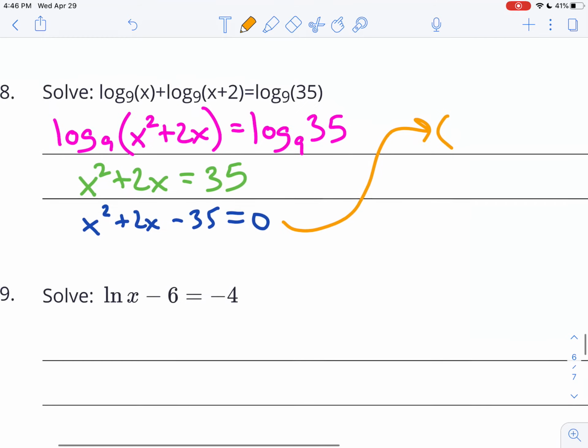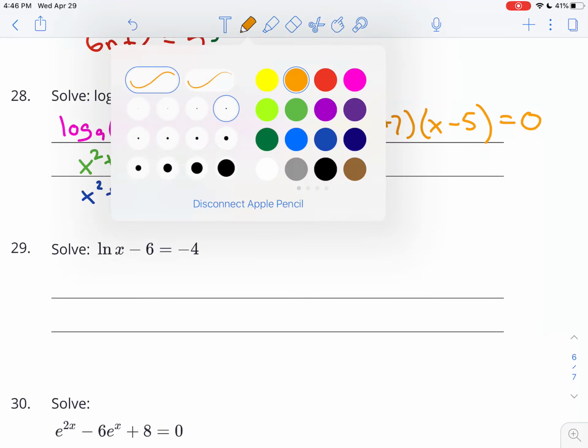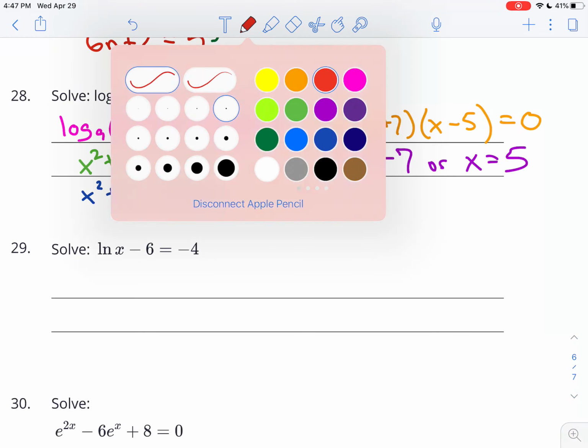So go ahead and factor it using any technique that you do to factor. So x plus 7 and x minus 5. So we have x equals -7 or x equals 5. But think back to all those other problems. We talked about the domain of a log function is not all reals.